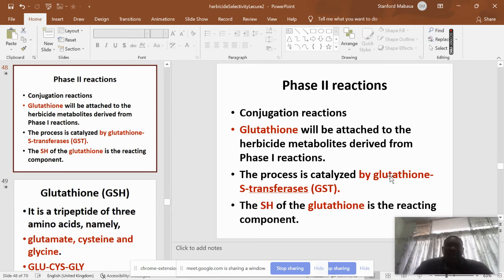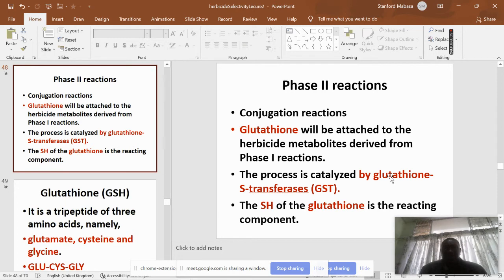Now, glutathione is very important for cleaning pesticides which enter the plant system, including herbicides. So it is the glutathione system which is effective in protecting the plants.